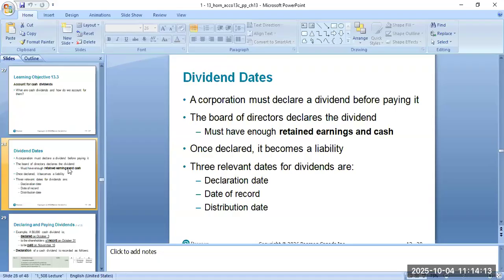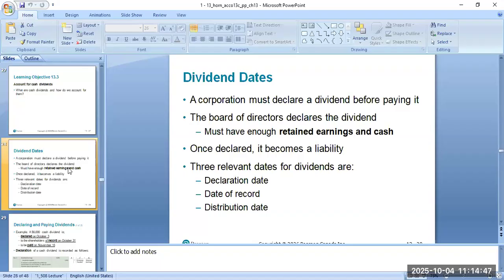First things first, in order to declare a dividend, the corporation needs to have retained earnings. That's the first requirement. Second requirement, for a cash dividend, the company has to have cash. So the board of directors has to declare the dividend before it's paid, and they're going to look for two things.